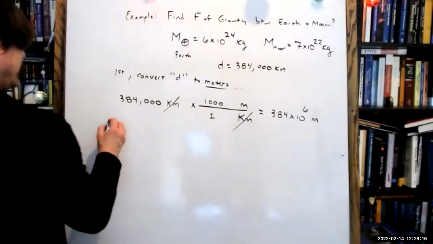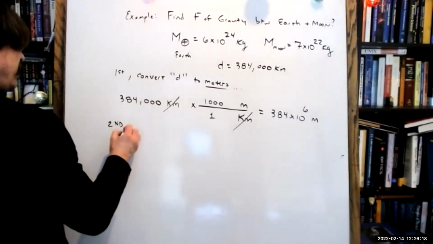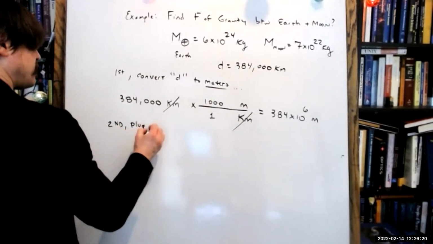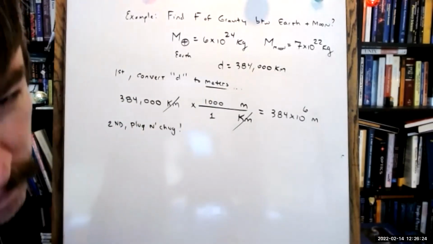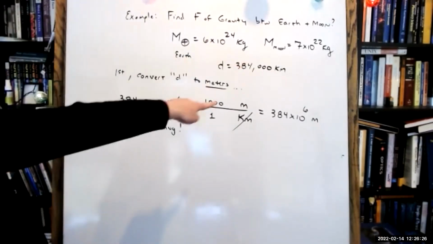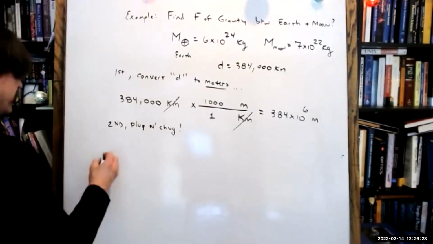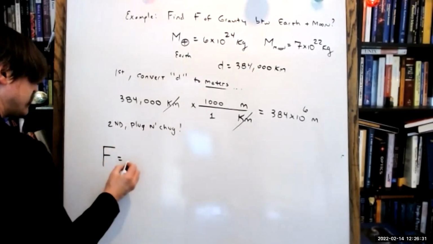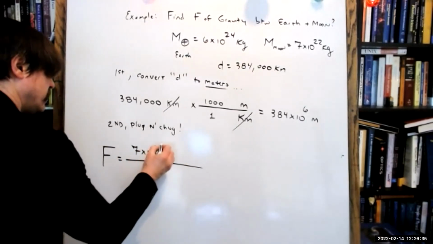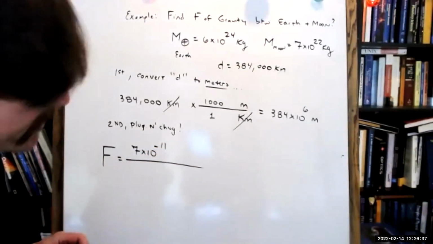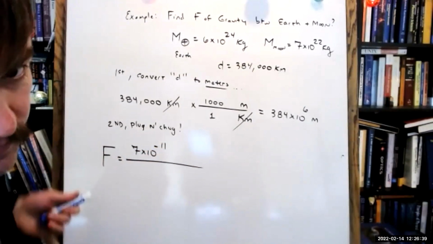Second, this is what we call in physics plug and chug. Plug and chug is when you plug the numbers and the units into the equation. So the force of gravity is big G. Now, because this is your first time, I'm going to do the units in blue.